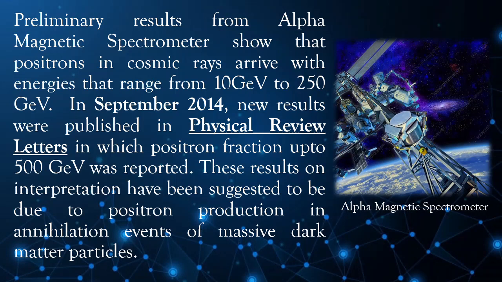In September 2014, new results were published in Physical Review Letters in which a positron fraction up to 500 gigaelectronvolts was reported. This result has been suggested to be due to positron production in annihilation events of massive dark matter particles.